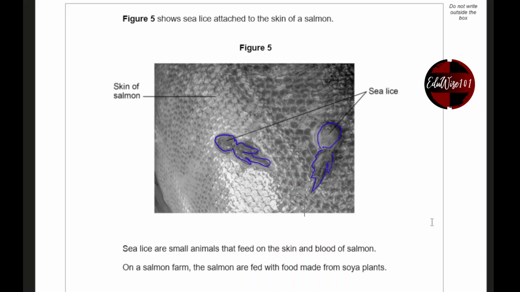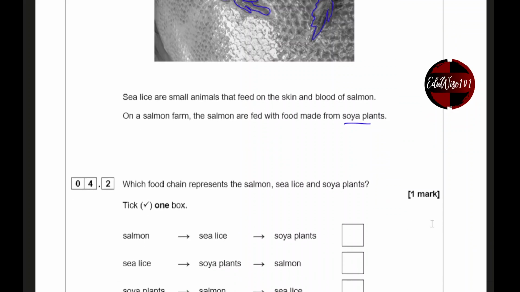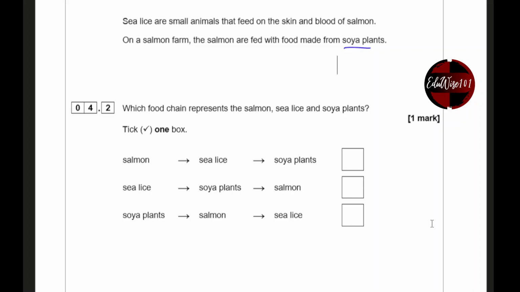Sea lice are small animals that feed on the skin and blood of salmon. On a salmon farm, the salmon are fed with food made from soya plants. Which food chain represents the salmon, sea lice, and soya plants?